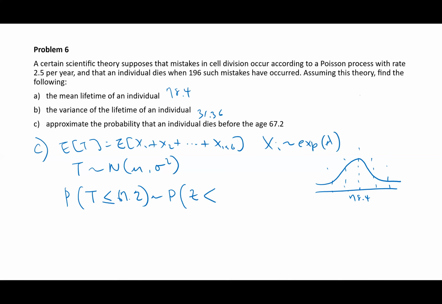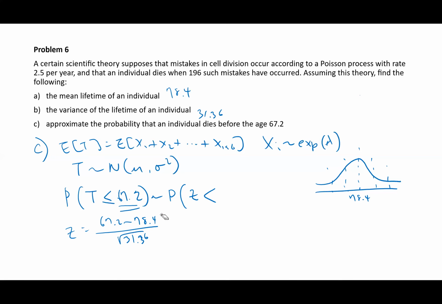I have to transform this 67.2 into a z value. So z is going to be 67.2 minus my mean 78.4, divided by my standard deviation, which is the square root of 31.36. You can calculate this on your own; there'll be some z value.